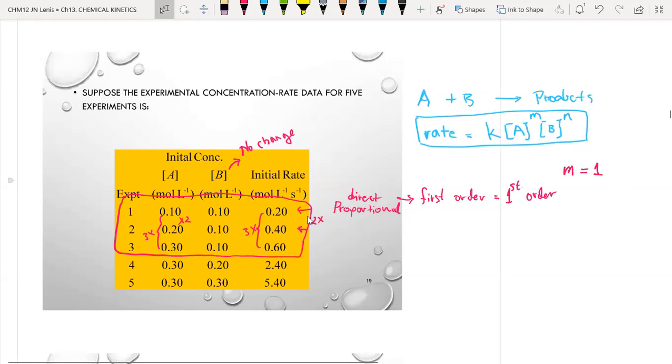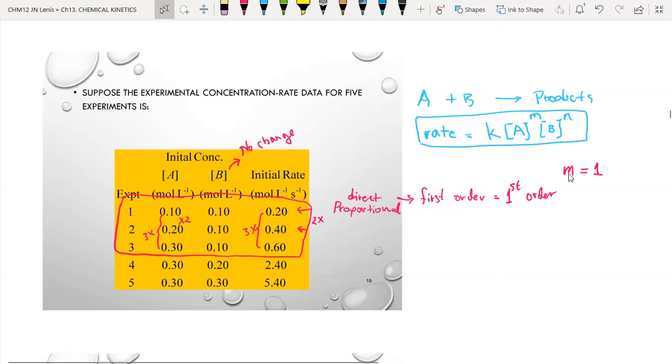You double here, double here. You double concentration, the rate doubles. If you triple the concentration, the rate increases 3 times, triple. If you increase concentration 4 times, then the rate will increase 4 times, and so on and so forth. That is a description of a first order reaction. And that's the meaning of first order.